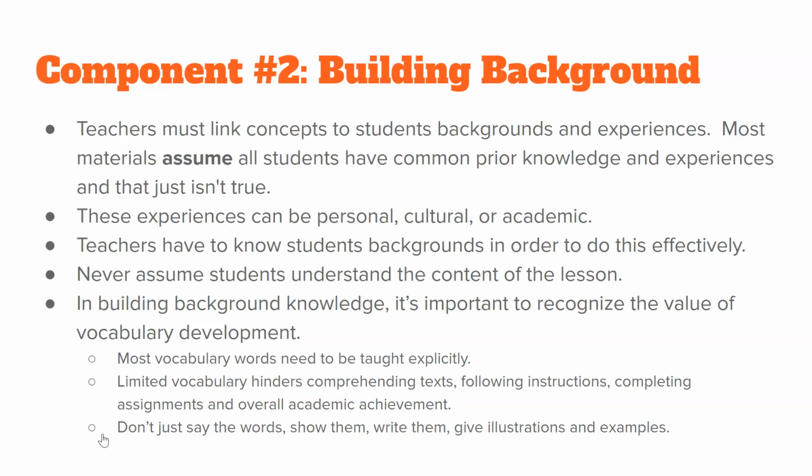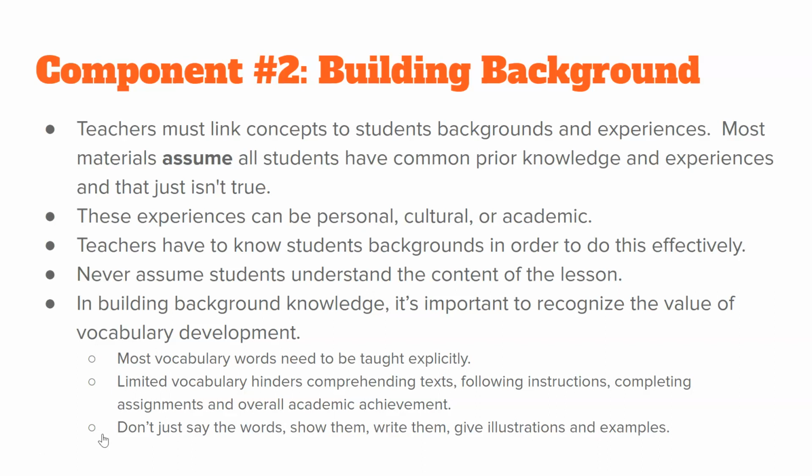And it's very important to engage students and help build background knowledge before teaching them a lesson. Okay? So never assume that the student already knows about the content. You always want to make sure you activate their background knowledge.